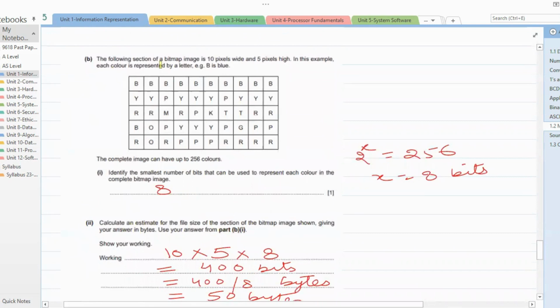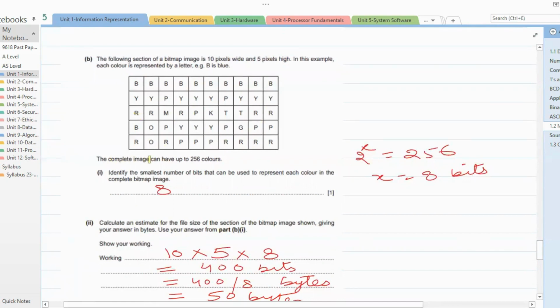Next question is about the following section of bitmap image, which is 10 pixels wide and 5 pixels high. In this example, each color is represented by a letter. So B is for blue, R is for red, and so on. There are multiple colors in the image.